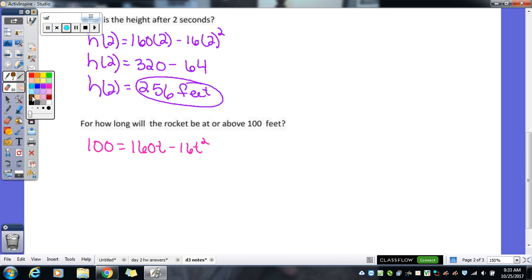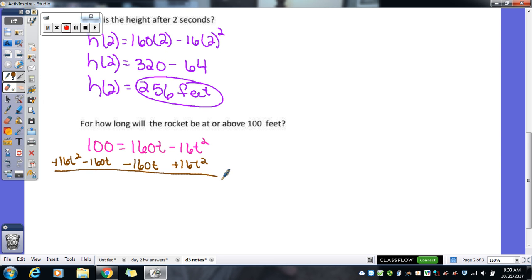I'm going to add my 16t squared over. So then I have a positive t squared. It's easier to factor. And subtract my 160t. So I now have 16t squared minus 160t plus 100 equals 0.